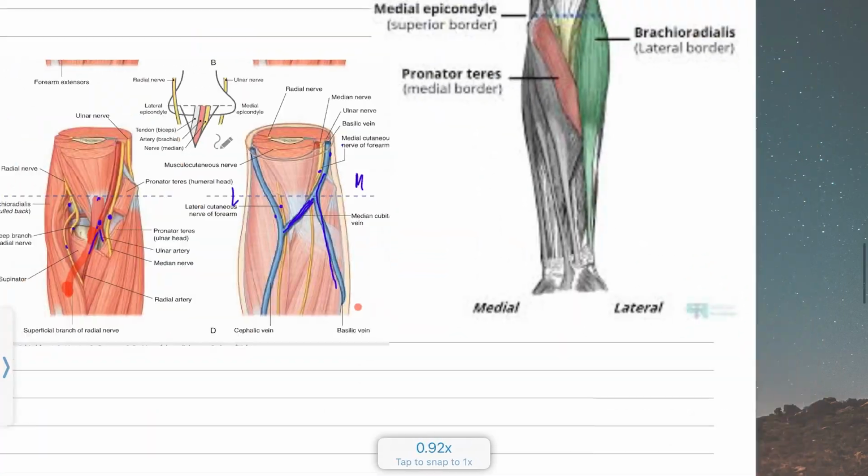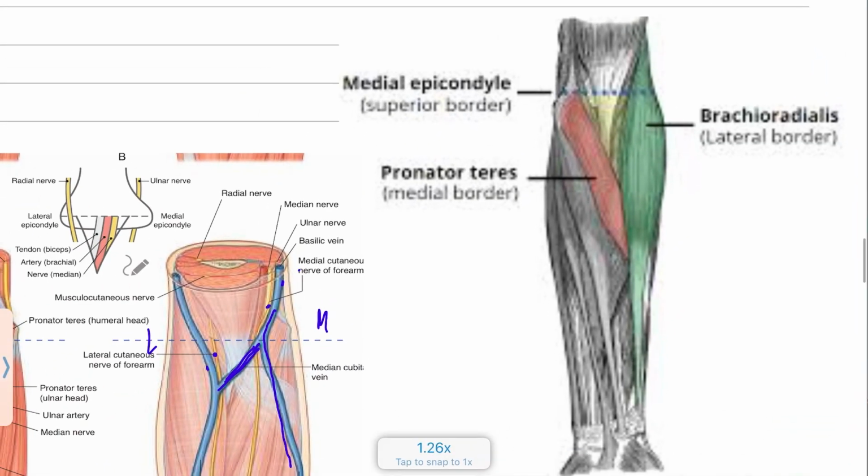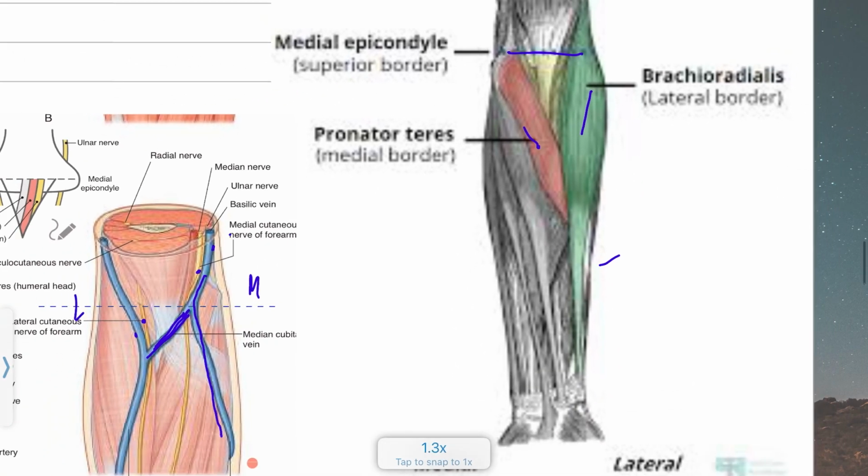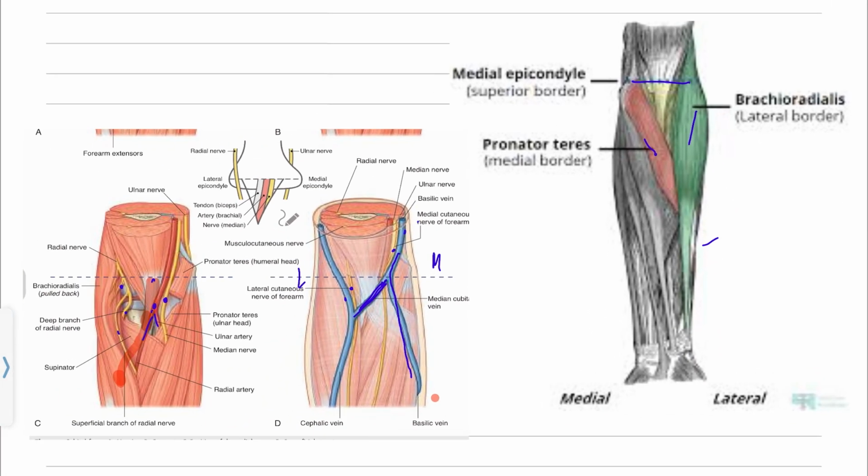There it is: pronator teres on the medial side, brachioradialis on the lateral side, and the imaginary line from the medial epicondyle to the lateral epicondyle.